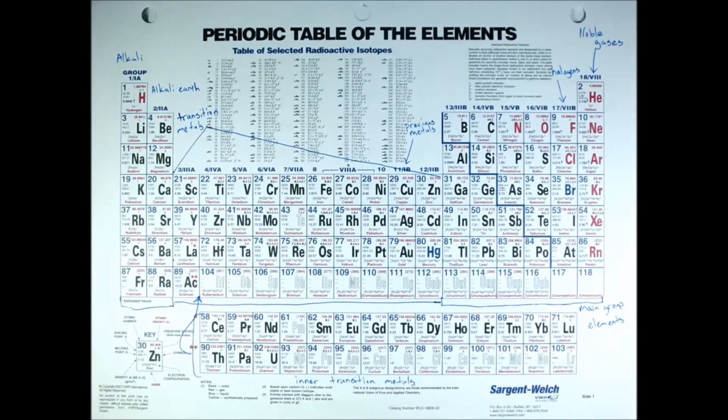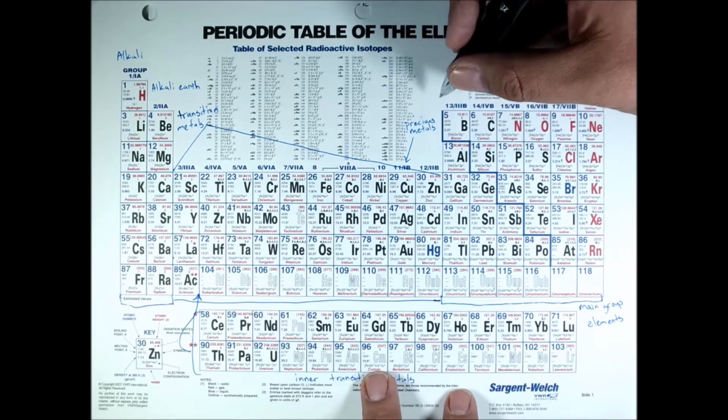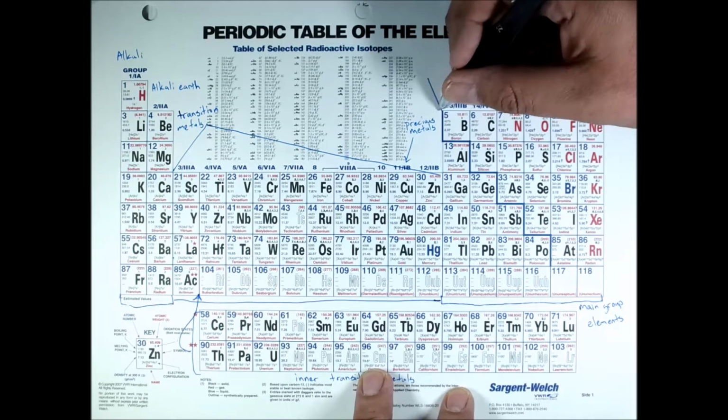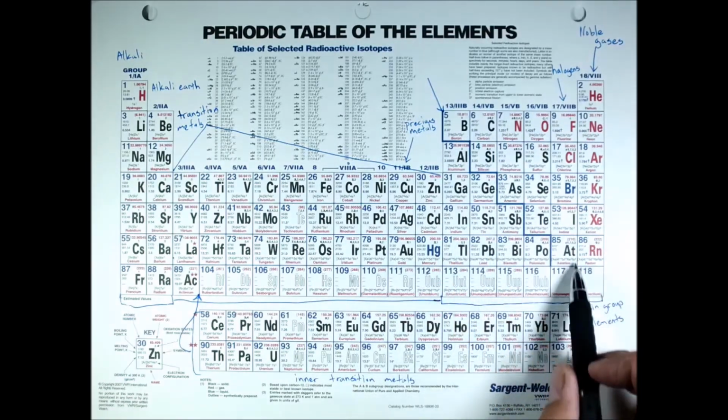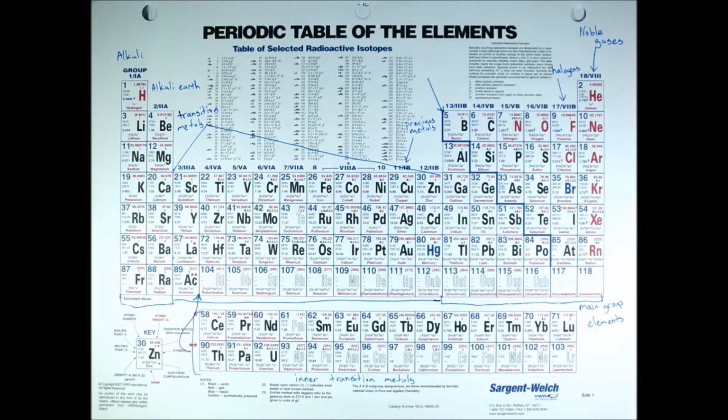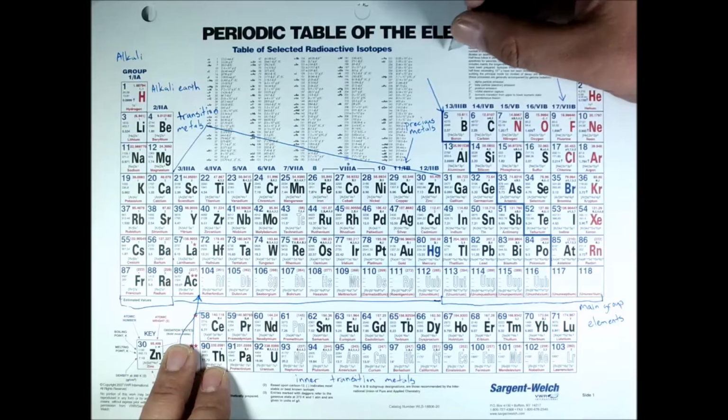All right, there are some other main categories that I want you to be familiar with. You may notice this line right here. There is a staircase line that goes down starting at boron. That is the separation between metals and nonmetals. On the right side of the line, these are nonmetals.